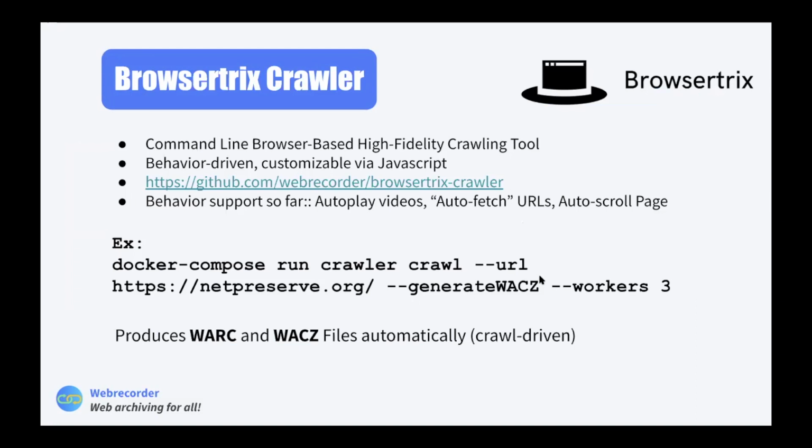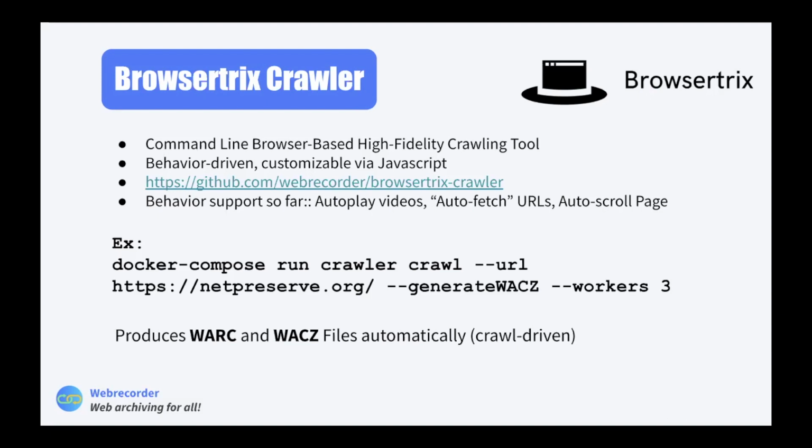I'll actually start with that. Browsertrix-Crawler is basically a Docker container, and the idea is that you can just run one command on a command line, and it starts a crawl, and out come WARC files or WACZ files.